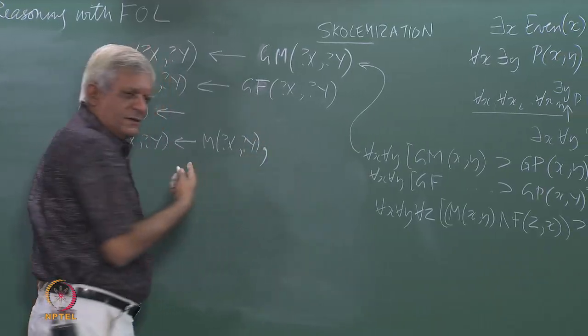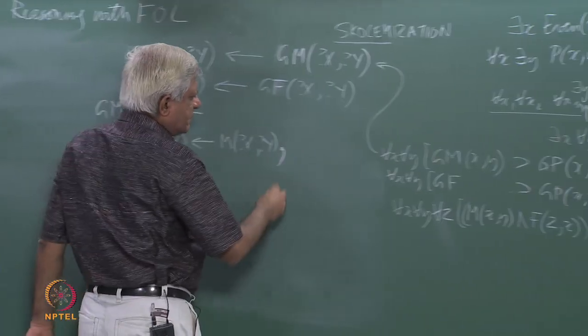Prolog uses a comma instead of and, so we will also use a comma here.